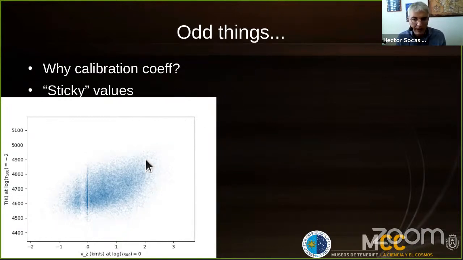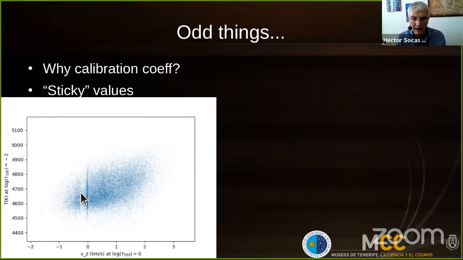And then we have encountered this issue of some sticky values, we call them, which we don't understand very well. This is a scatter plot of velocity in the horizontal axis versus temperature at log tau -2. This is actually a well-known behavior. It's called reverse granulation.